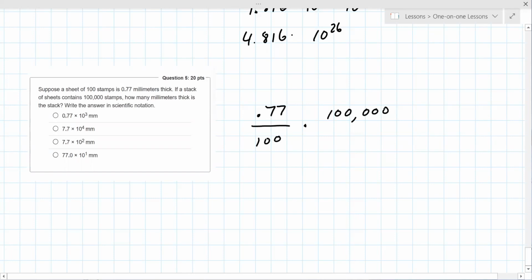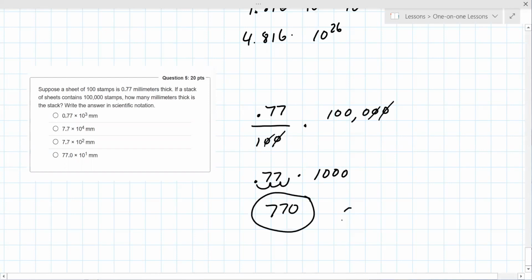This isn't quite a scientific notation problem. You can get rid of that zero and that zero, that zero and that zero. So it's 0.77 times, and this right here, 1,000. Actually, let's just keep going this way. When you multiply by 1,000, you're moving the decimal point 3 places. So 1, 2, 3. So the answer is 770. I want you to convert this to scientific notation.